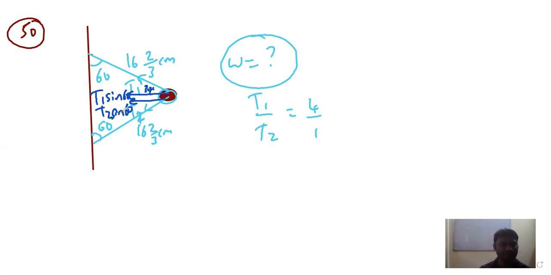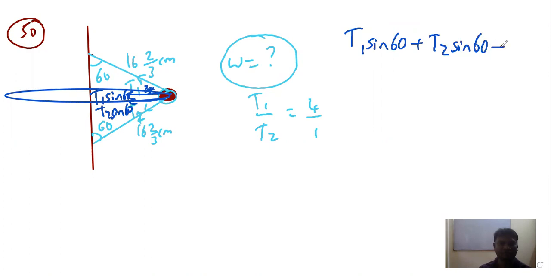Similarly, T2 sin 60. Because this particle is moving in a circular path like this, we can say T1 sin 60, which is towards center, plus T2 sin 60, which is also towards the center, acts as centripetal force, which is mv square by r. Okay, so this is the value. And we can also write this as m omega square r.